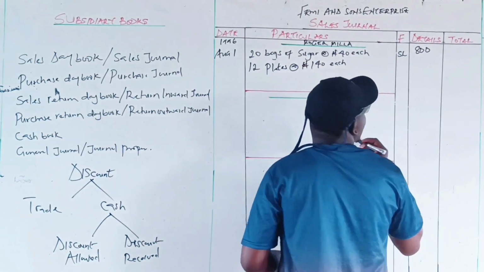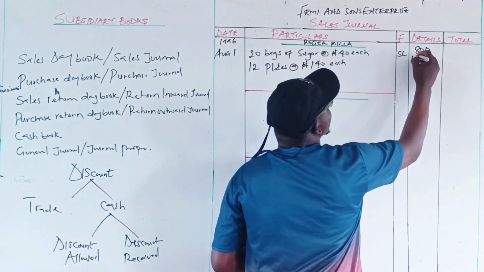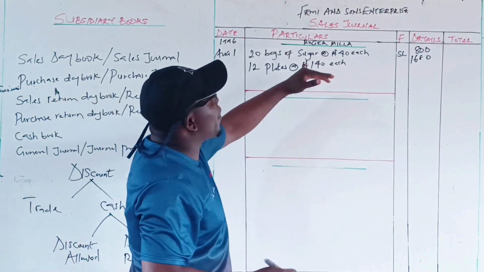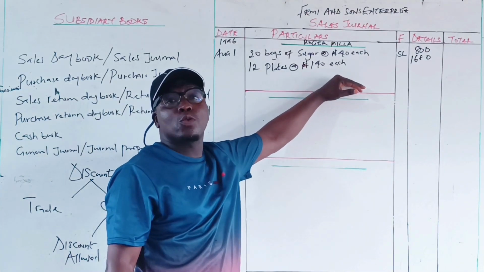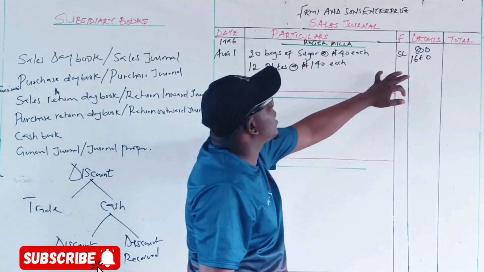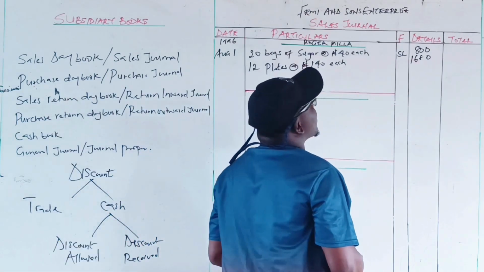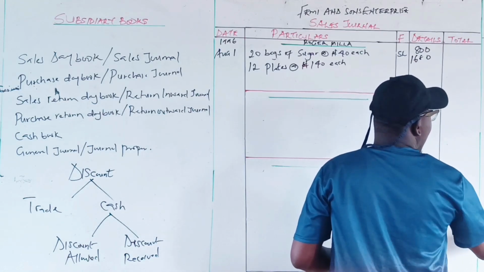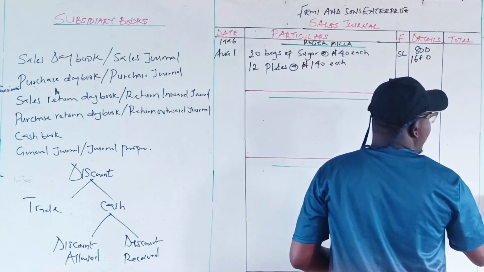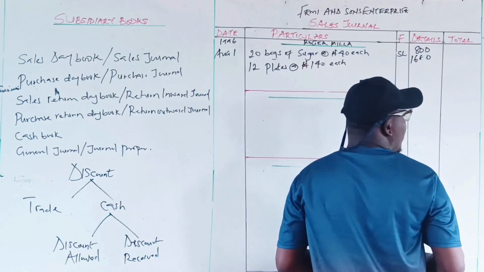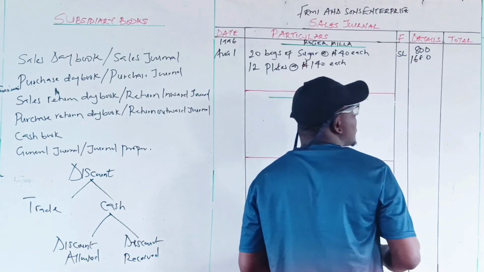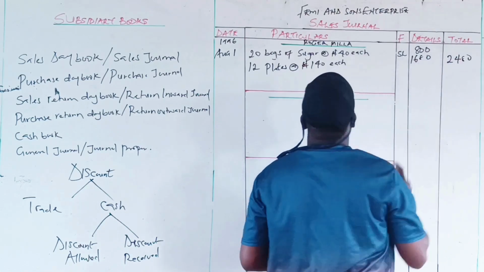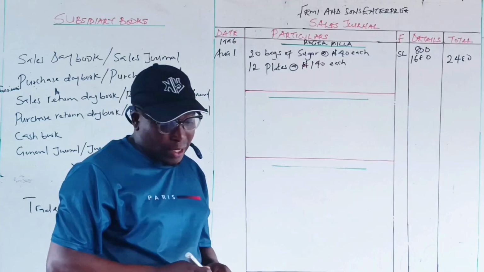So we have 1,680. Having done this, we've completed the first question. All you need to do is to add up 1,680 to 800 to get our total. So we have 2,480 as our total. So we move to the next question.